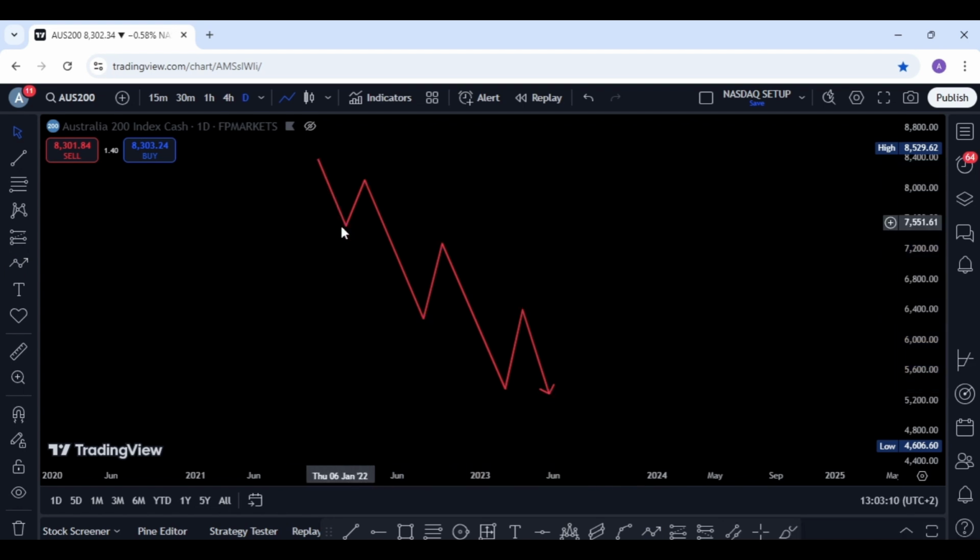You see, this is a lower low, this is a lower high, lower low, lower high, lower low, lower high, lower low. Okay, now this means that prices are going down, meaning there are more sellers in the market.